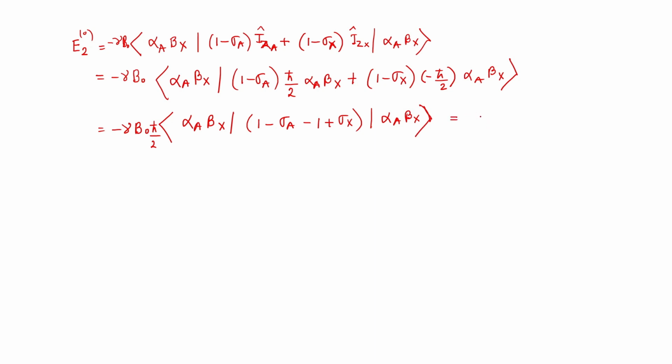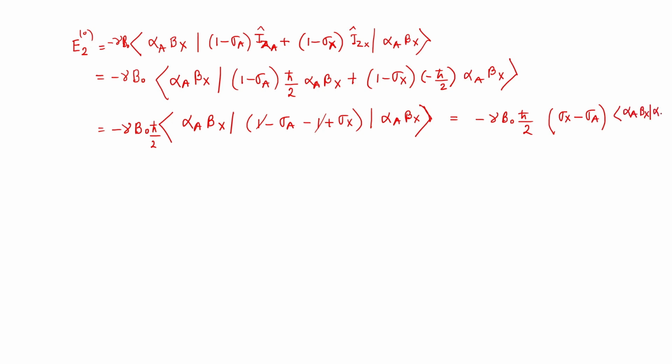Now it is going to be gamma B naught h cut by 2, 1 cancelled out, and it is sigma x minus sigma A, then obviously alpha A beta x is there.